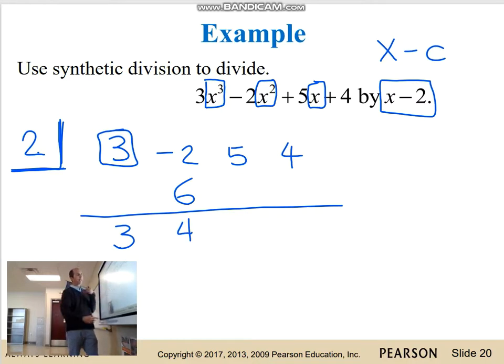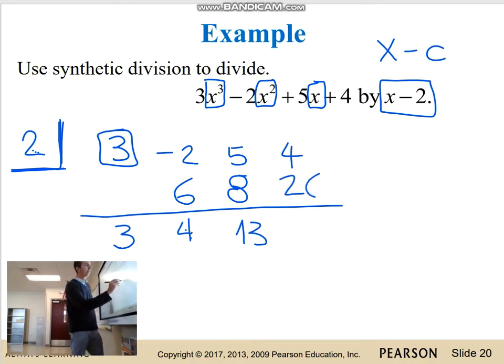You repeat the same process, multiply it by 2, and write it underneath the next coefficient. 4 times 2, 8, and now we add 5 plus 8, 13. Now we get this 13, and repeat the process, 13 times 2, 26, and add 4 plus 26, 30.